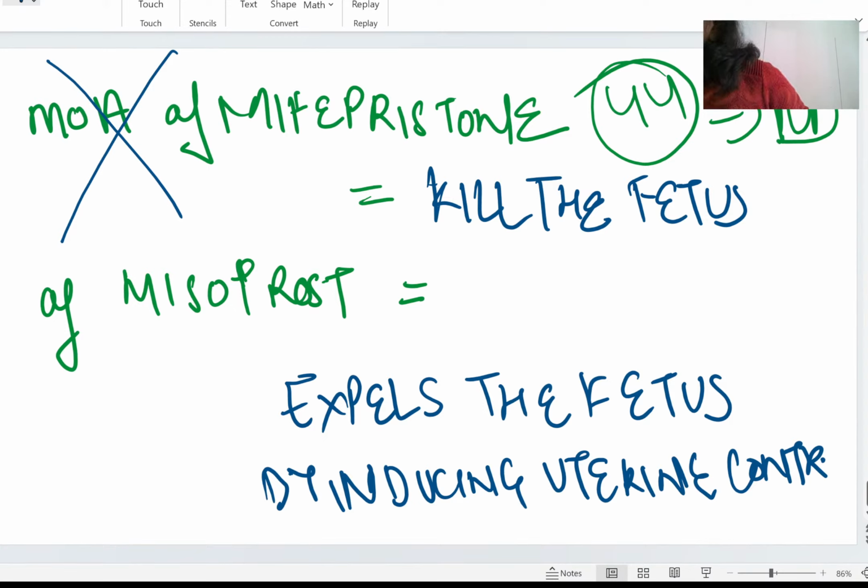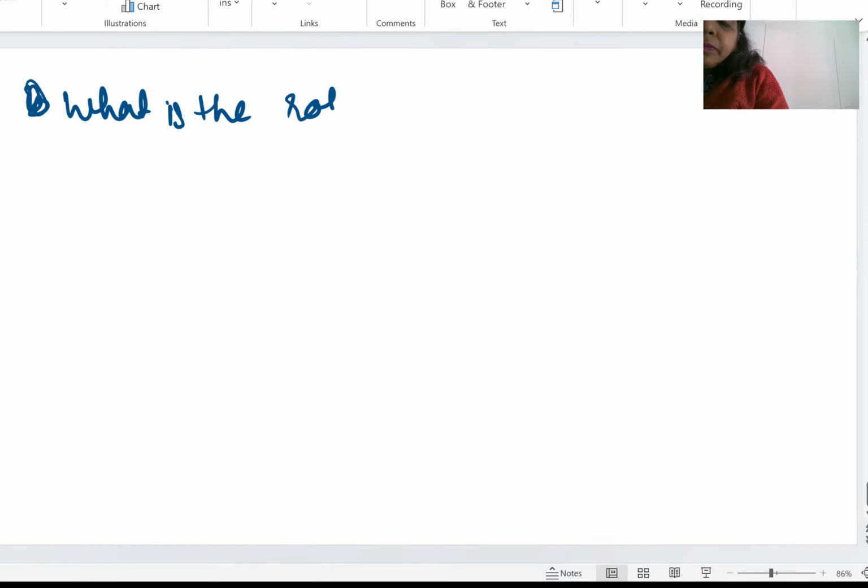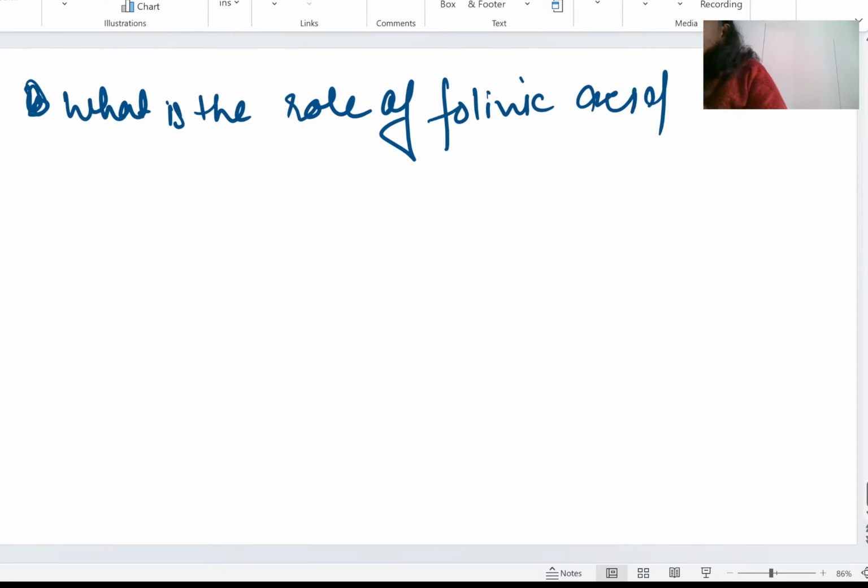Dr. Hassan has asked, what is the role of folinic acid? When we give methotrexate, there occur a lot of problems to other cells due to the methotrexate action on other cells.